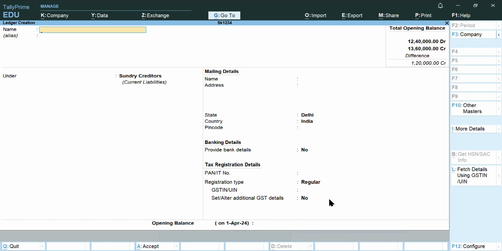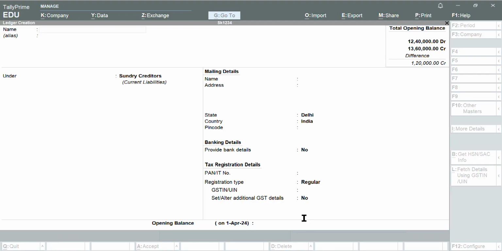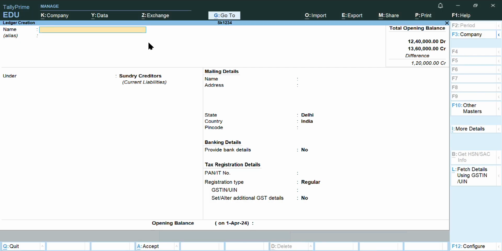All right. Next person is Jaya. Jaya 140. Let us look at the location of Jaya. Jaya is IGST, so Jaya is not from Delhi.